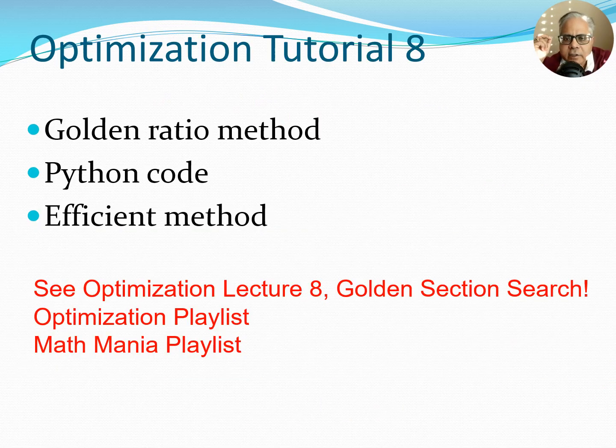So today we have seen how the golden section method, sometimes called golden ratio method, golden section search and so on, is a very good method as far as one-dimensional search is concerned. And the previous method which we discussed, the bisection method, where the intervals were exactly same, that was of course a very simple method.